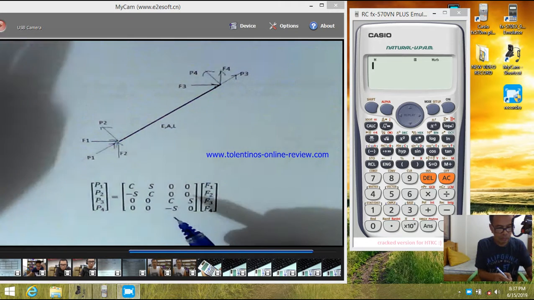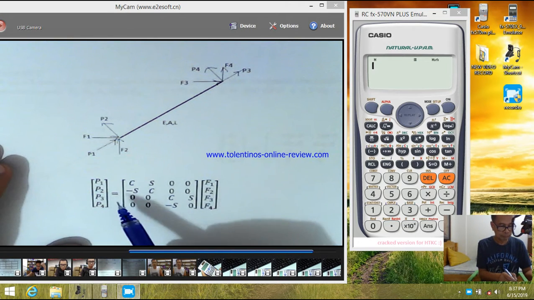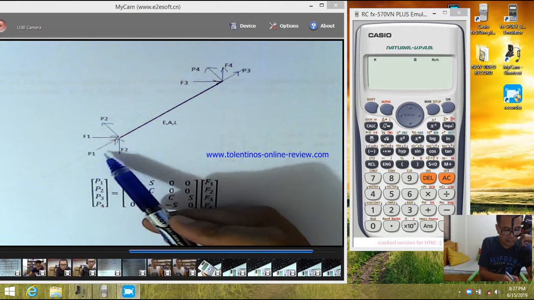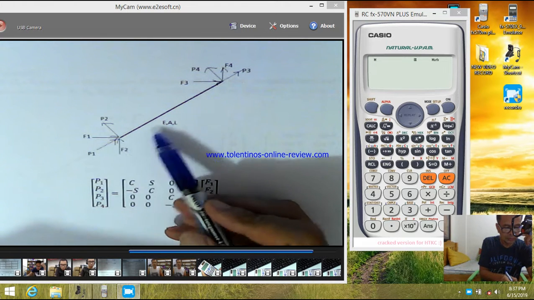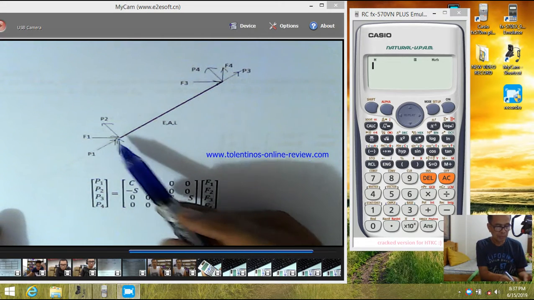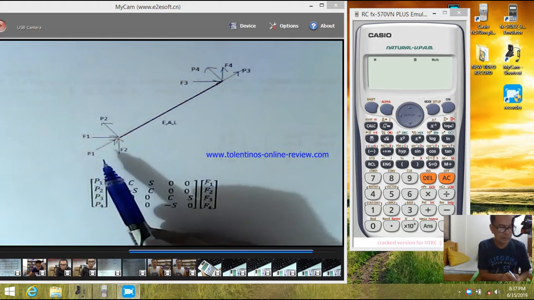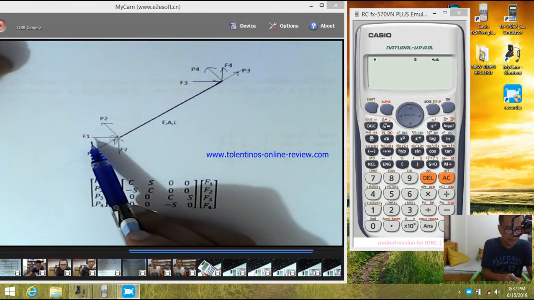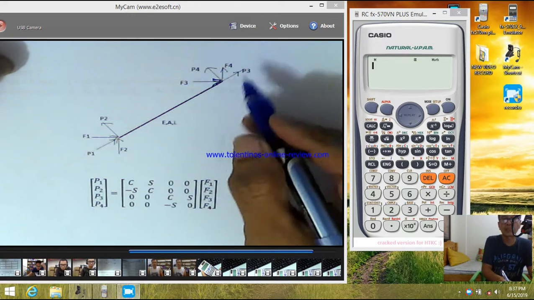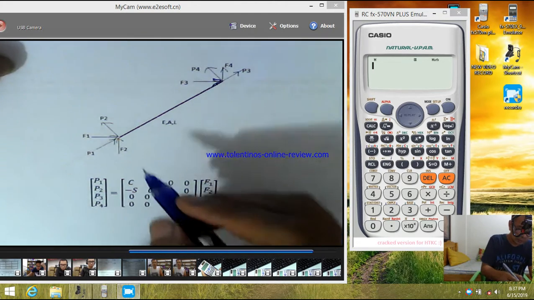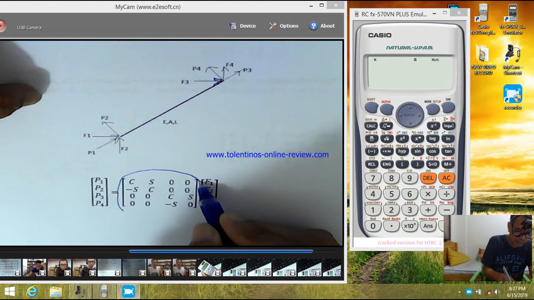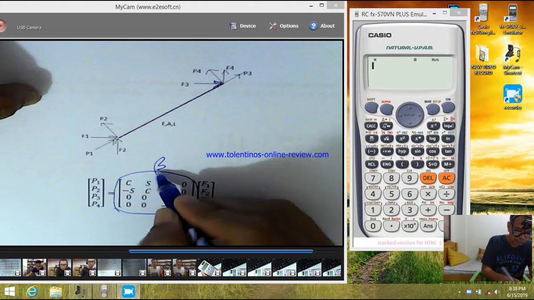Tapos, ito naman yung relationship ng P at saka F. Yung P1 naman is yung force along the truss element, and yung P2 is yung force perpendicular to the element. While yung F naman is horizontal at saka vertical. So, tandaan mo, now this one is again our transformation matrix beta.